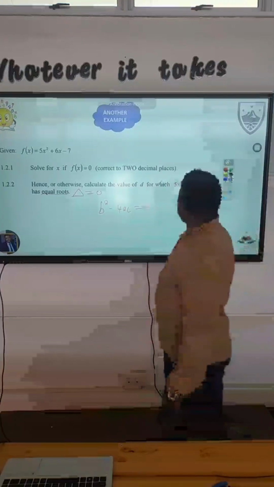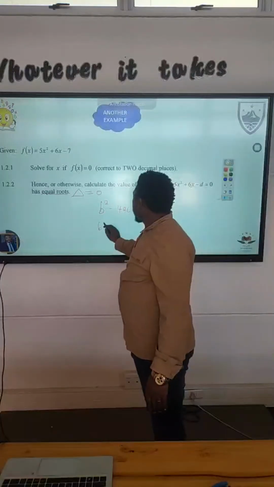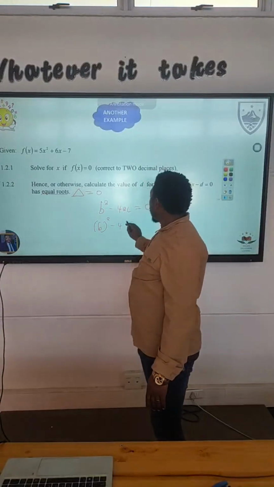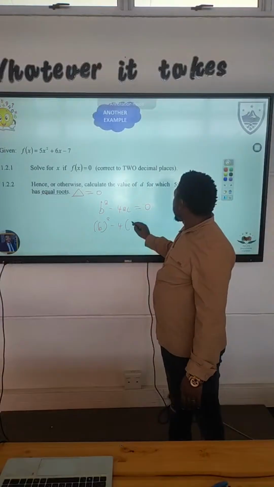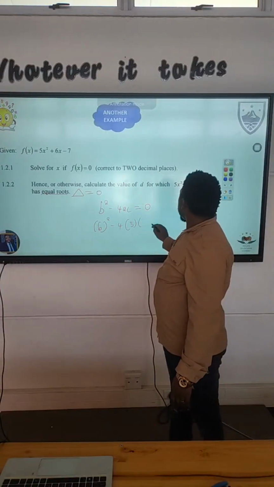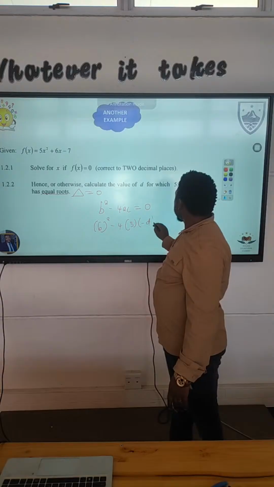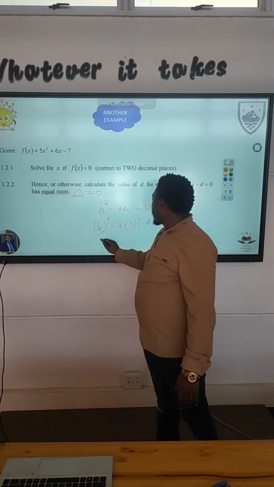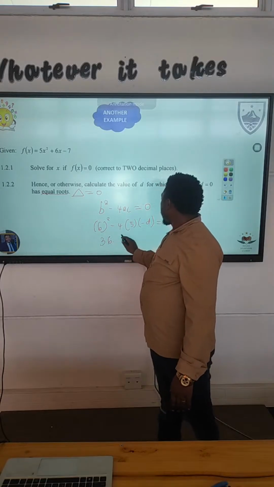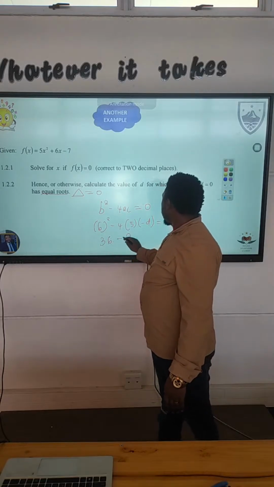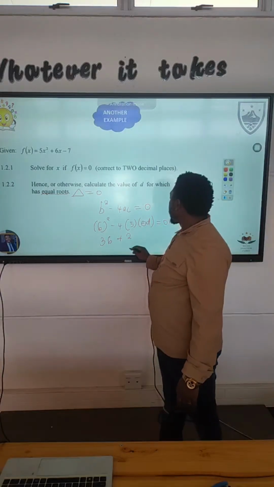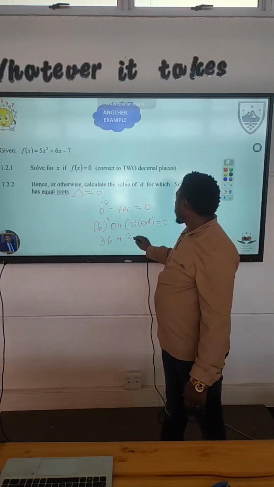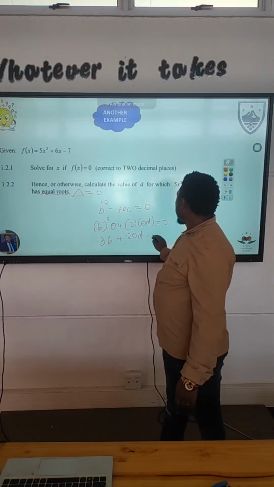My b is still 6, so I have 6 squared minus 4, my a is 5, and my c is negative d, which equals 0. Simplifying, this is going to be 36, and then plus 20d, because negative multiplied by negative is positive. 4 times 5 is 20d equals 0.